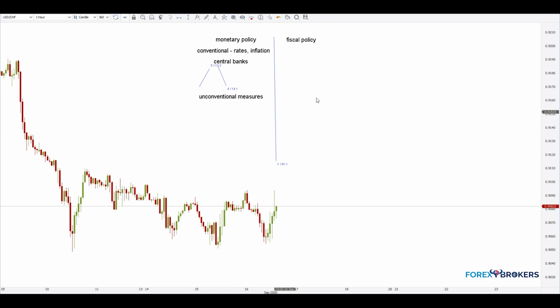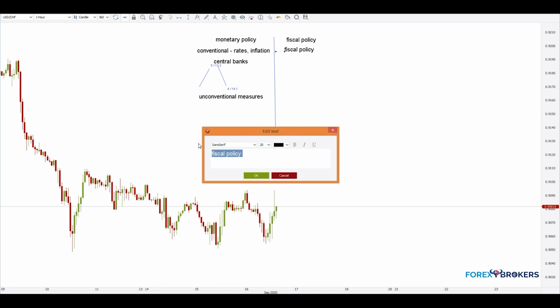Fiscal policy is everything that the government does. The central bank acts as a bank to the government. So fiscal policy deals, in each country, with the VAT policy. VAT, for instance, is one measure that belongs to fiscal policy.